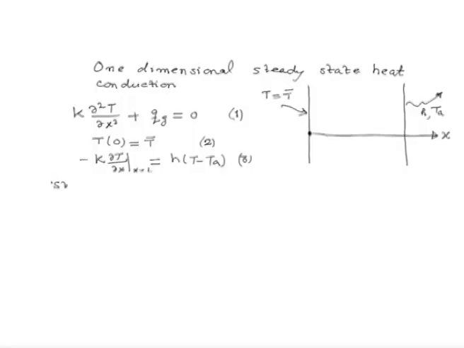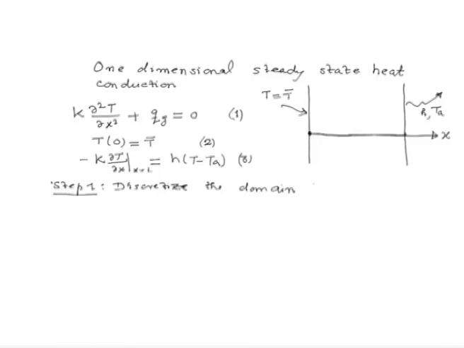Now for finite difference application, let us discretize our domain, that is the first aspect. So our first task, or step 1, discretize the domain. Since it is a one dimensional problem, we need to consider only discretization along a line.